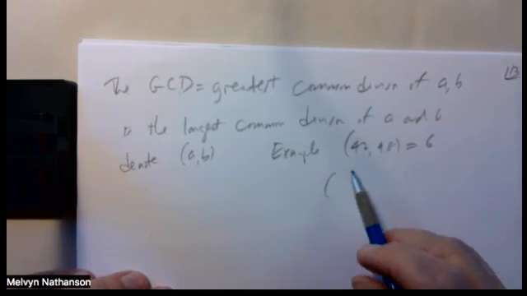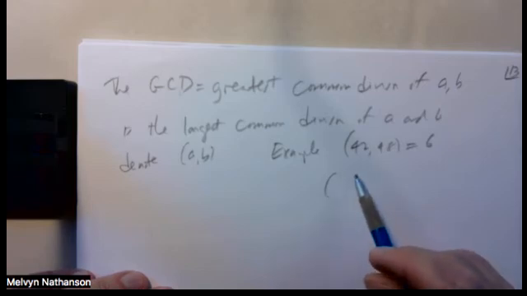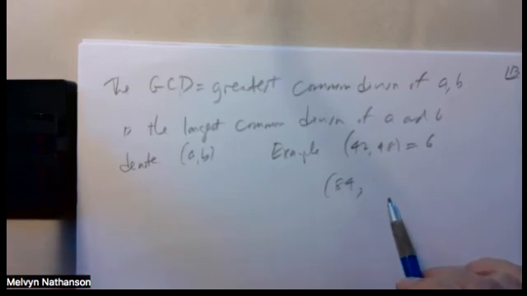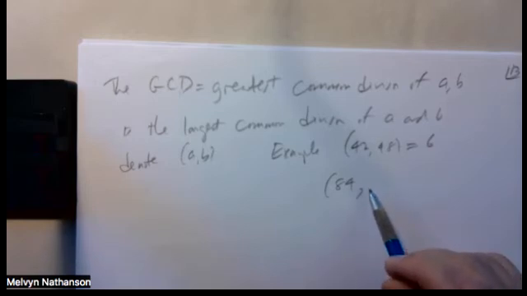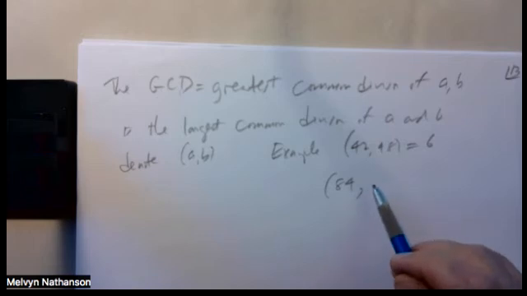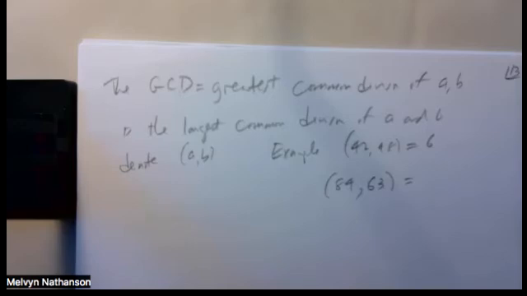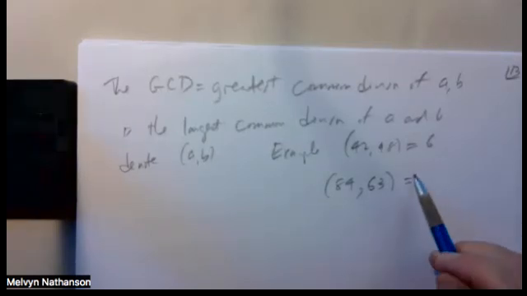The greatest common divisor of 84 and 63 is what? Can anyone tell me what's the greatest common divisor of 84 and 63? 21. 21.